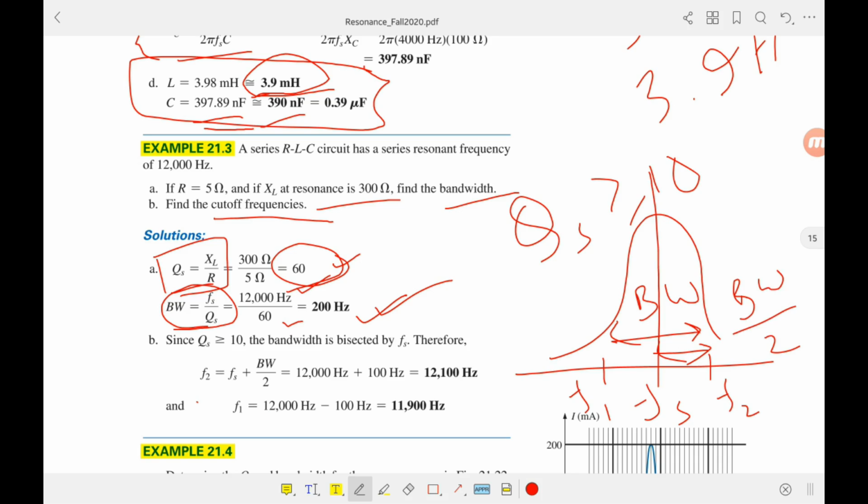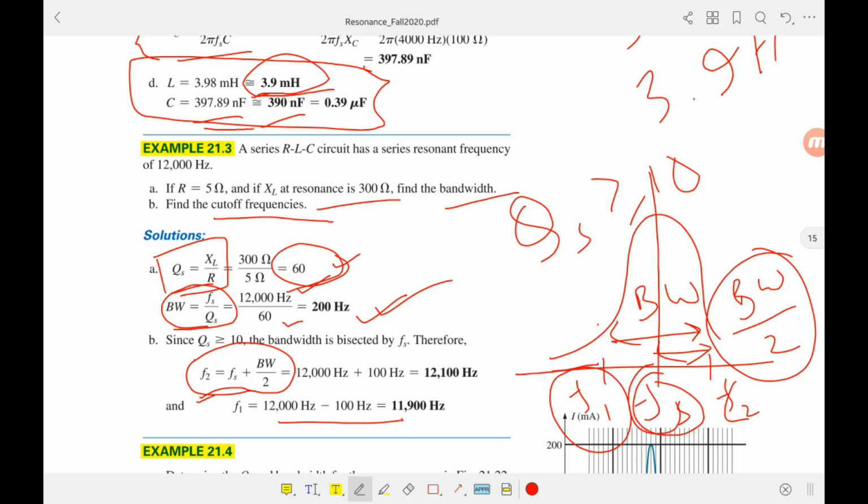So we can write F2 equal to Fs plus bandwidth divided by 2. Similarly, we can write F1 as Fs minus bandwidth divided by 2. Why symmetric? Because this is an approximation whenever Qs is greater than or equal to 10.